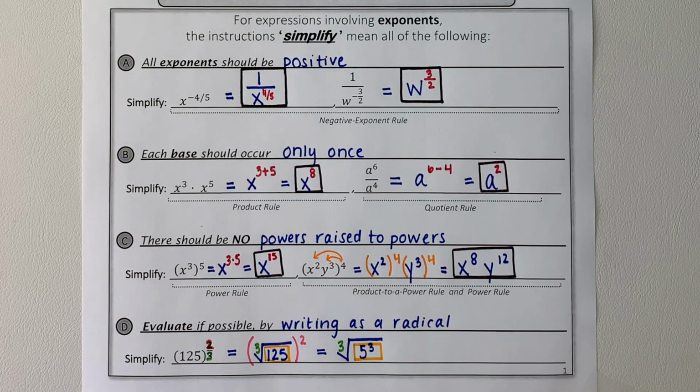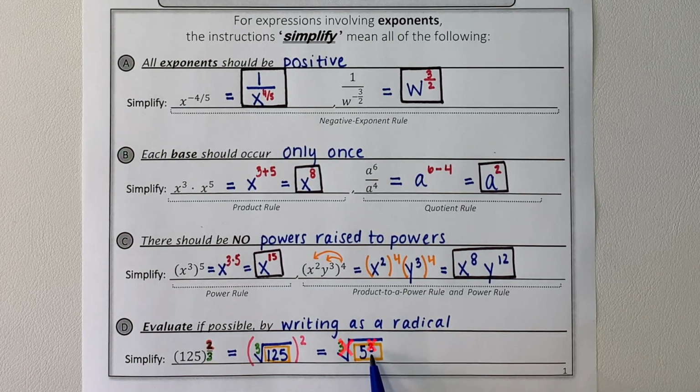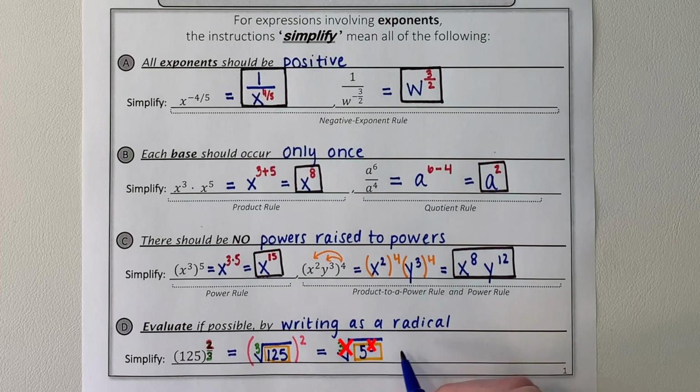So now the rule that we learned in my 6.1 video told us that when the index matches this exponent, they cancel. And that's because the cubed root and the cubed power are inverse operations. So if we cancel this cubed root and the cubed power, all that we're left with is just 5.